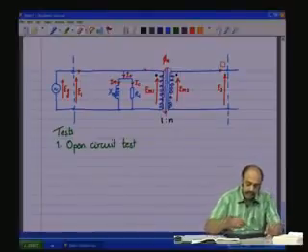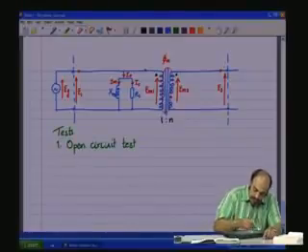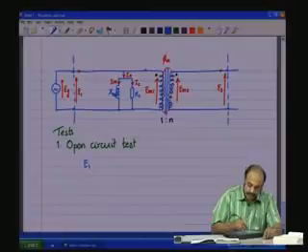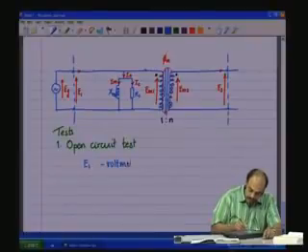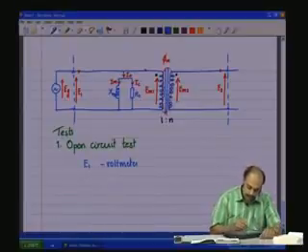Now, what are the things that we can measure? So, under the open circuit test, we measure E1. E1 is measurable with a voltmeter connected across the terminals of the transformer.